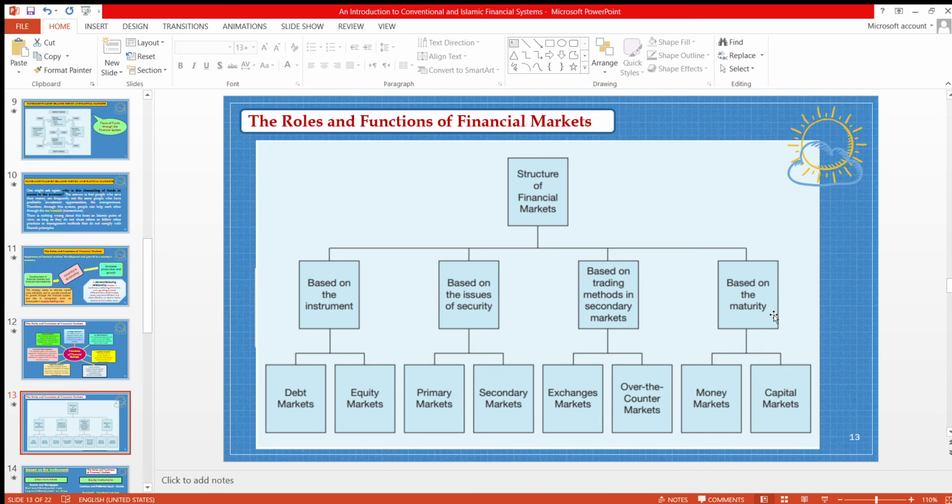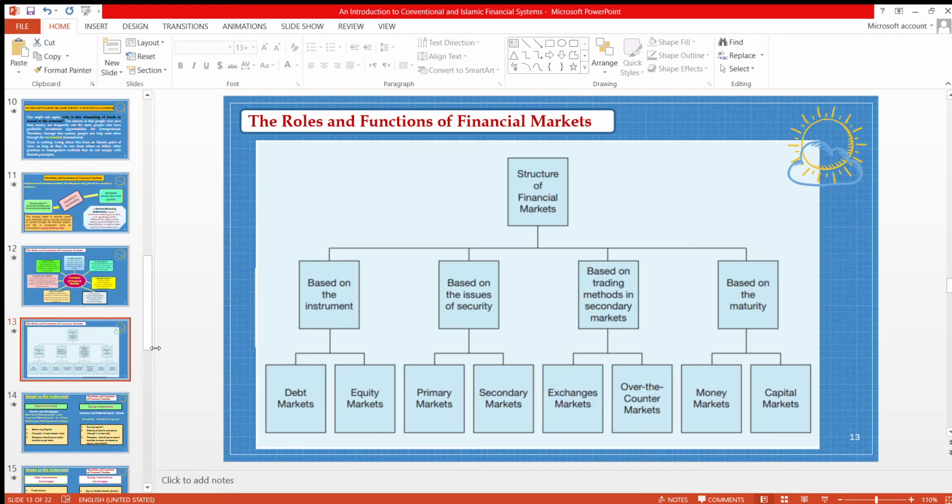And based on the maturity, there are two markets: money markets and capital markets. So this is, in short, the intro and summary of the structure of financial markets. Okay, move forward.